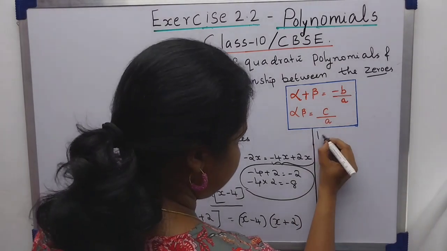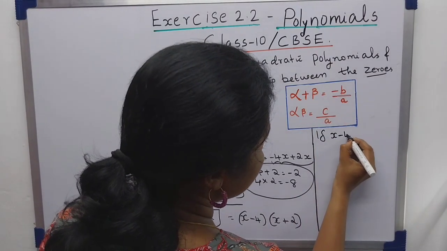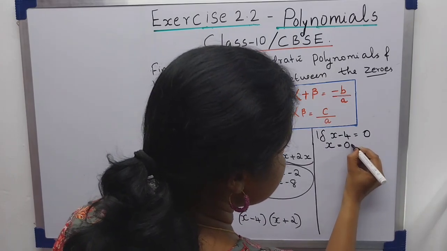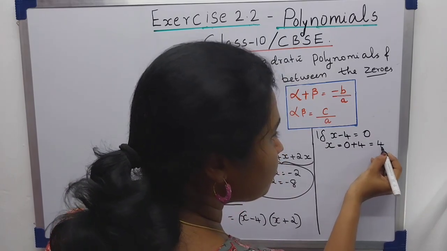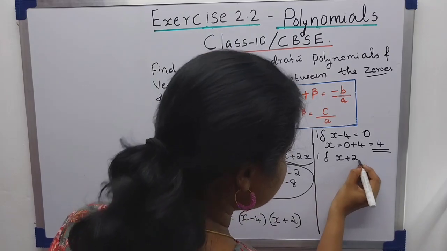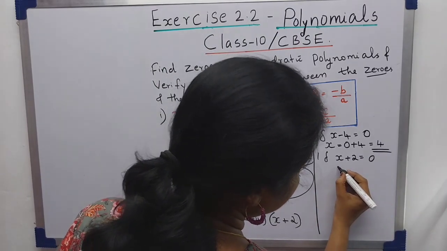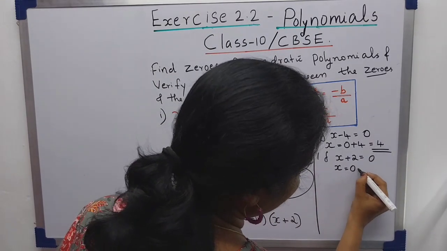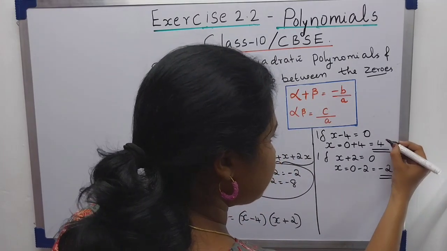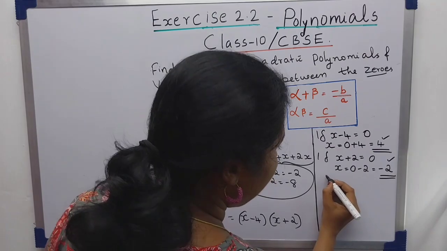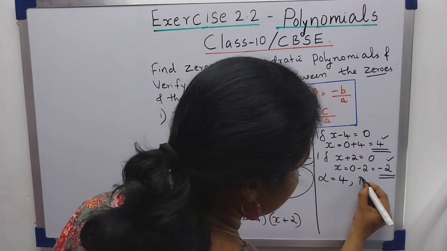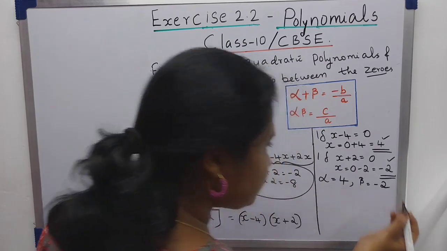If x minus 4 is equal to 0, then x equals 0 plus 4, equal to 4. If x plus 2 is equal to 0, then x equals 0 minus 2, which is equivalent to minus 2. So alpha is equivalent to 4 and beta is equivalent to minus 2.